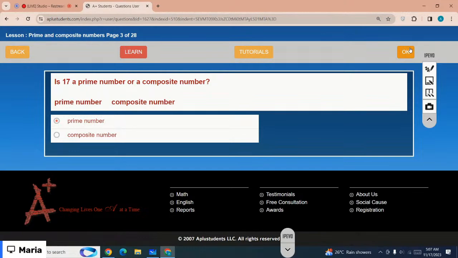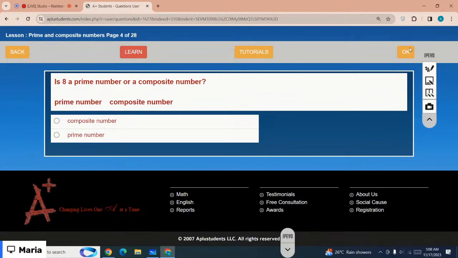Okay, is it prime or composite? Which is the correct option? 8 is a composite number, right?